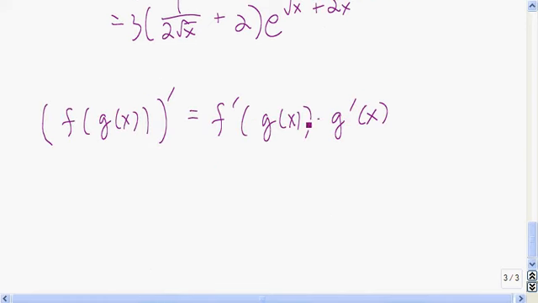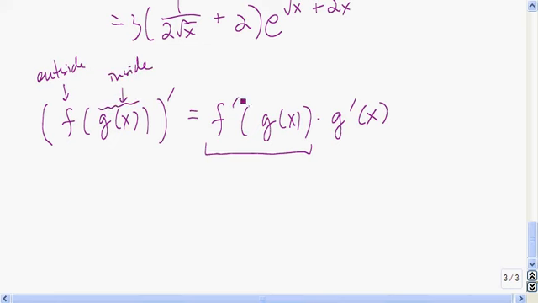Okay, so here's the formal statement of the chain rule. It says if you want to differentiate f of g of x, it's equal to f prime of g of x times g prime of x. So f is the outside and g is the inside.